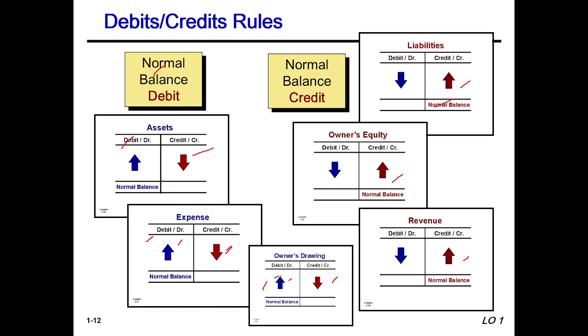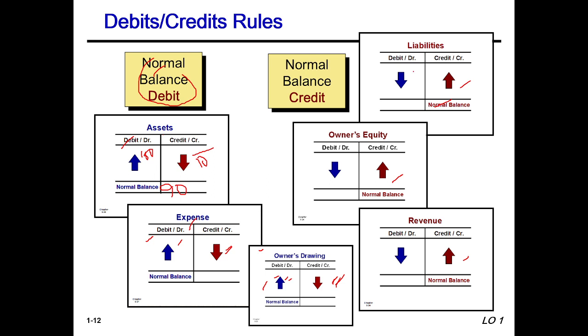That means drawing increase is debit and decrease is credit. Asset, expense, and owner's drawing have a normal balance of debit. Suppose here asset is 100 taka and credit is 10 taka, so the normal balance will be 90 taka. This must be a debit balance.